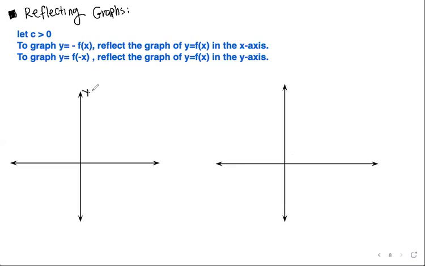Here's the y-axis, here is the x-axis. Suppose my graph looks like this. This is my original function, f of x.